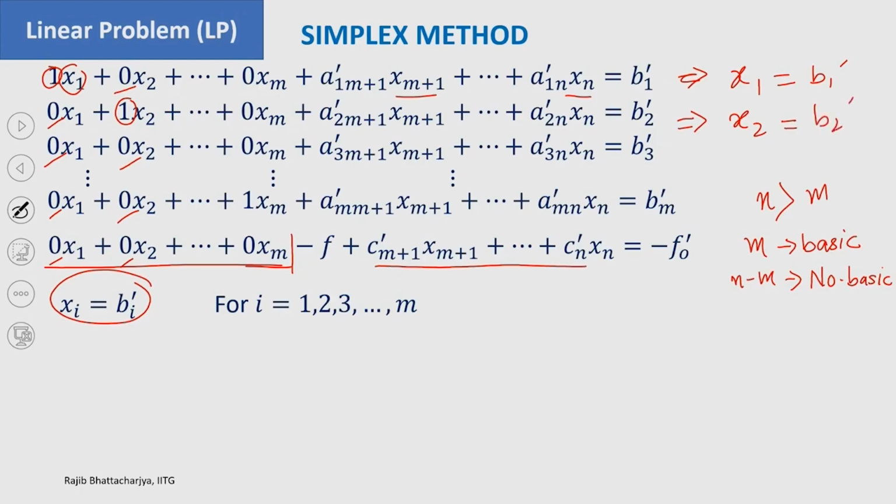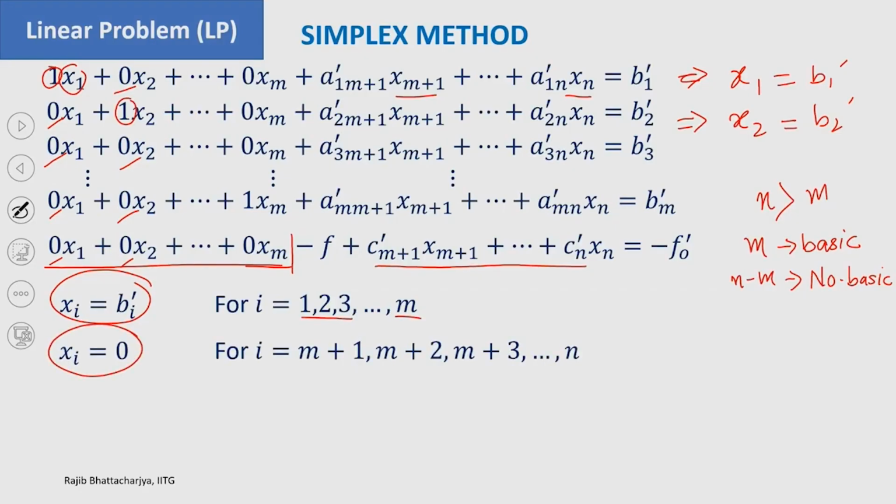So, what I am getting here is that xi equal to bi dash for i equal to 1, 2, 3 up to m, where m is the number of equations. For the other non basic variables, from m plus 1 to n, xi equal to 0. So, I am getting one solution here.